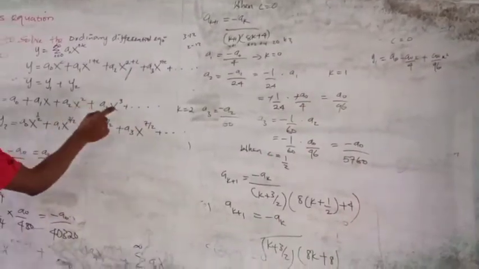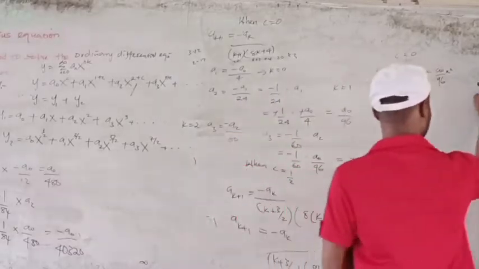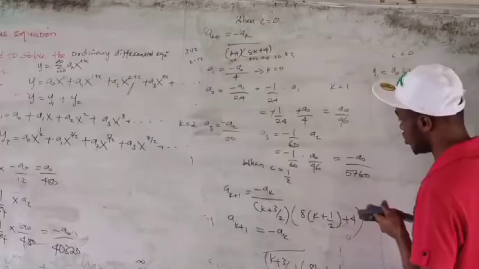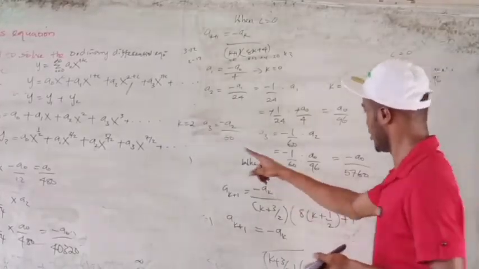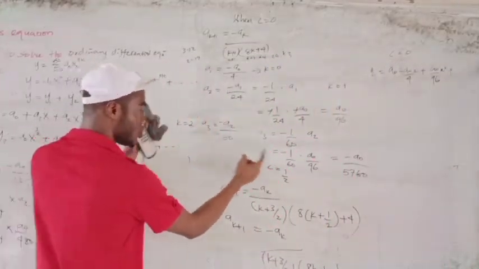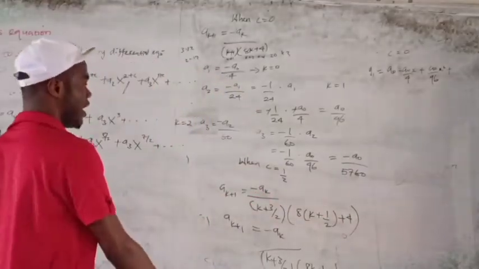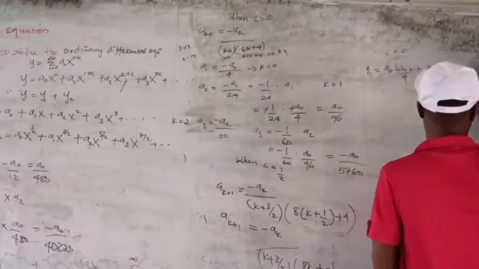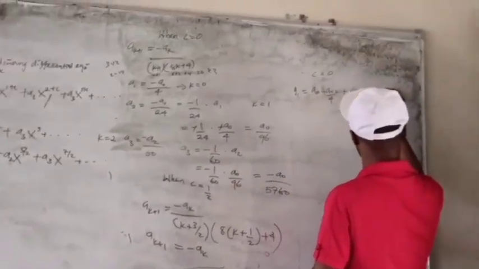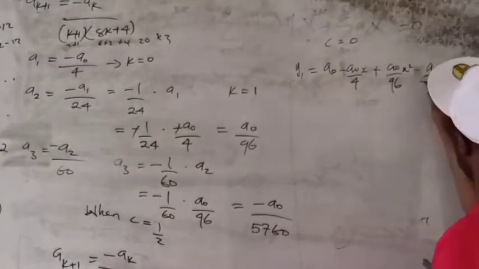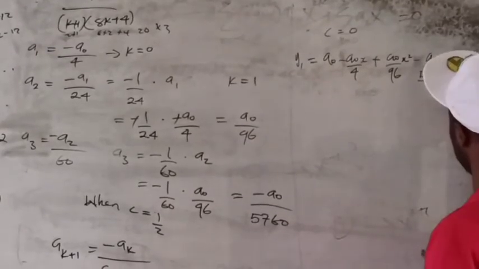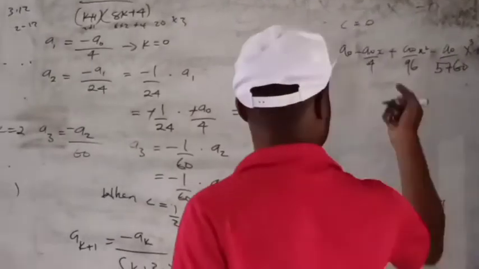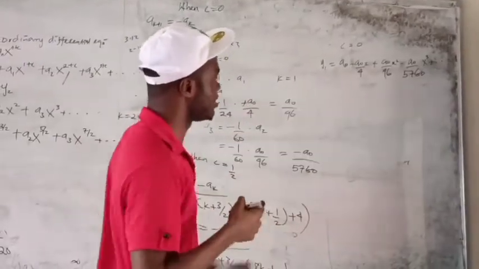Then a3 is equal to negative a0/5760, so that is minus a0/5760 x cubed. This series continues. This is the last solution from when c is equal to 0.